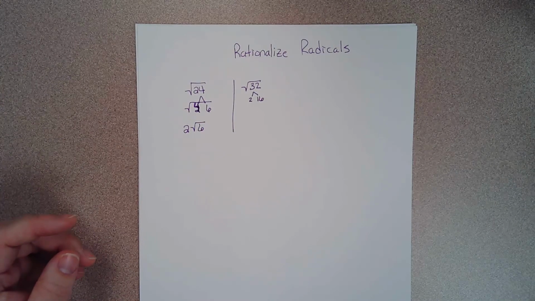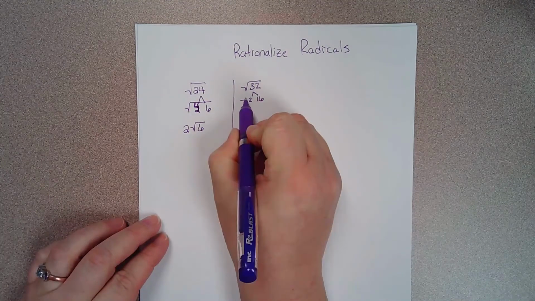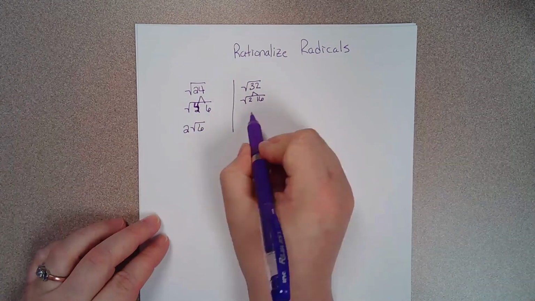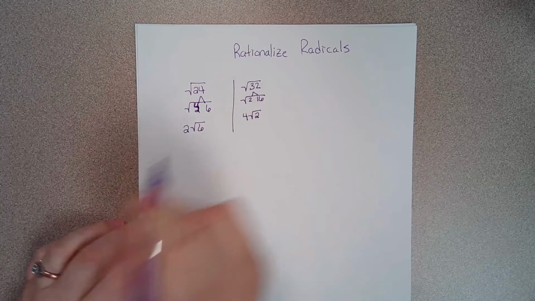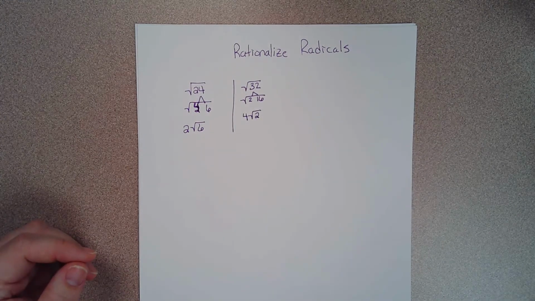We know that the square root of 16 is going to be 4. So I can actually stop here because we're looking for the biggest possible square-rootable factor. So the square root of 16 is 4. The 2 remains underneath the radical because it cannot be broken down into a perfect square.